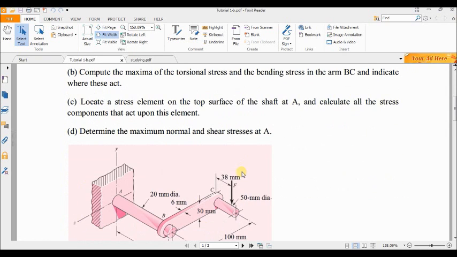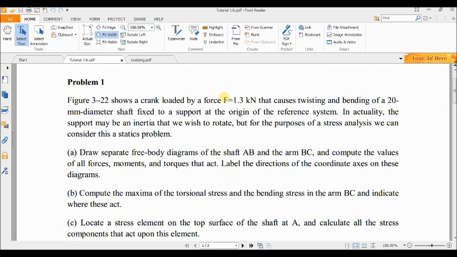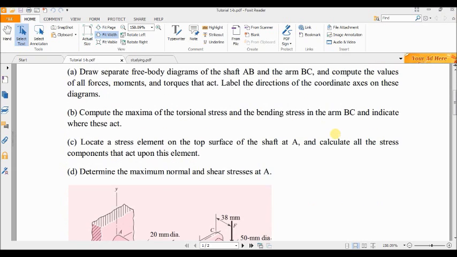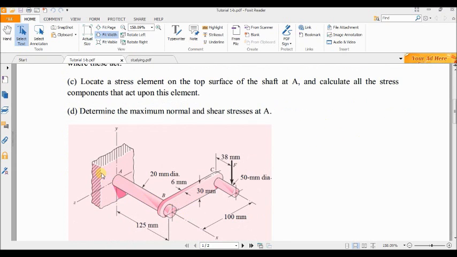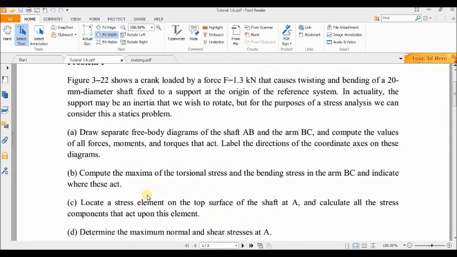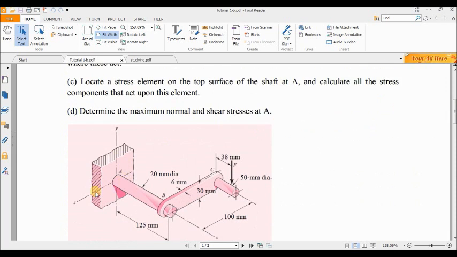Here we have a crank which is loaded by a force equal to 1.3 kilonewton. That causes twisting and bending of a 20 millimeter shaft. That means this shaft AB, which is fixed to a support at the origin of the reference system. That means here.